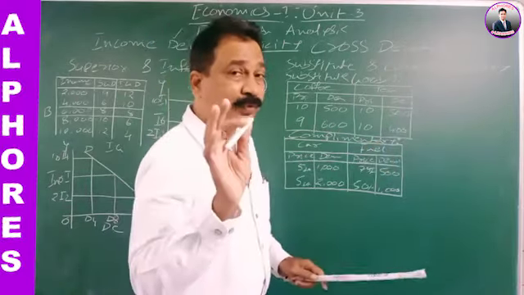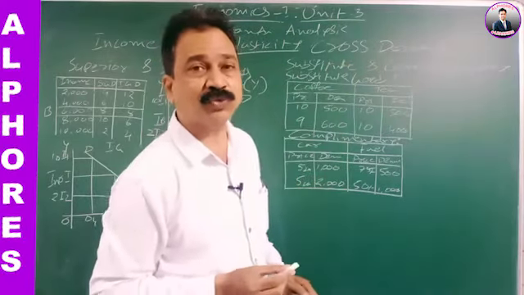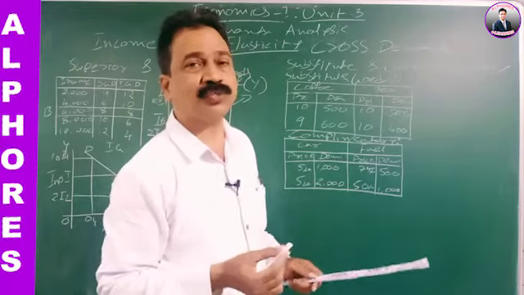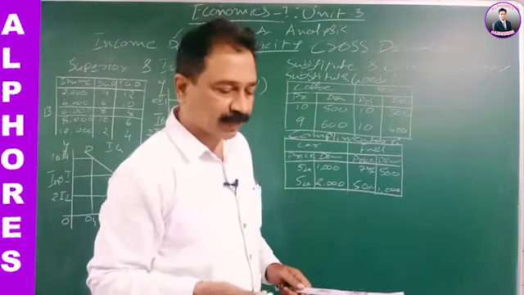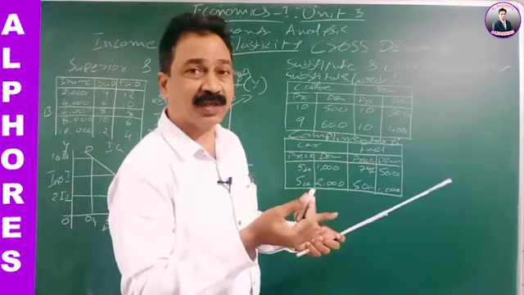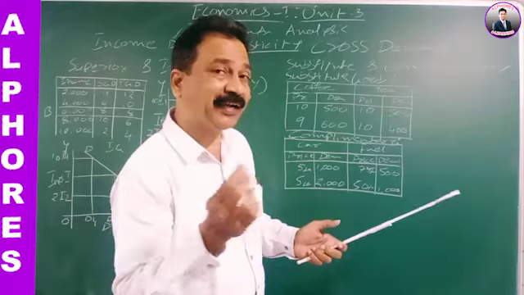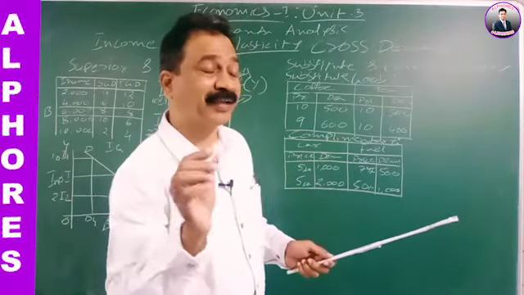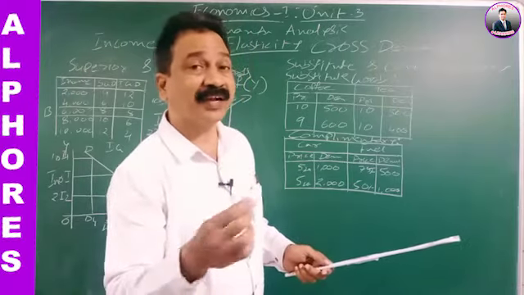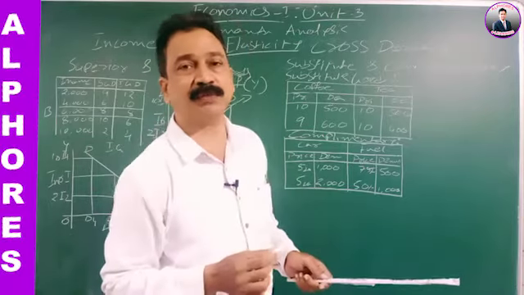You need to remember substitute goods are called competitive goods. For one company manufacturing fans, another company manufacturing fans is a competitor, not complementary. That competing company is manufacturing substitute goods.